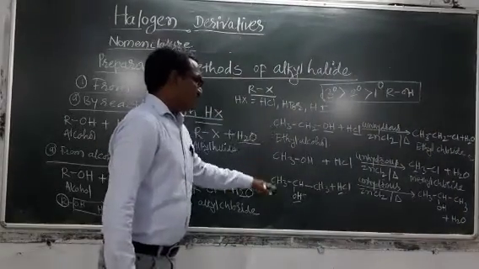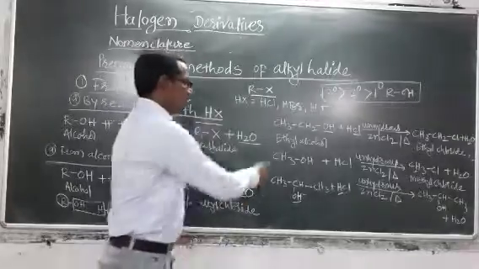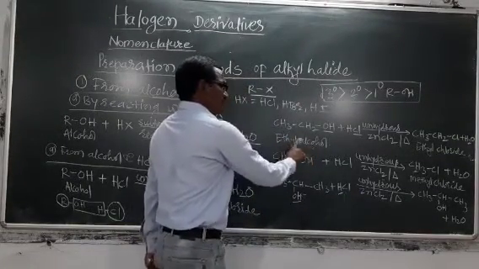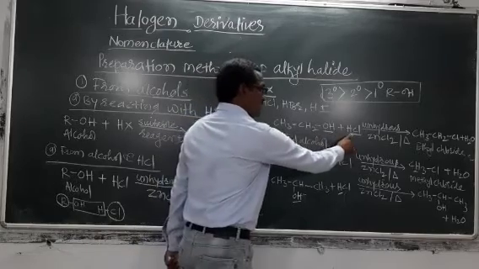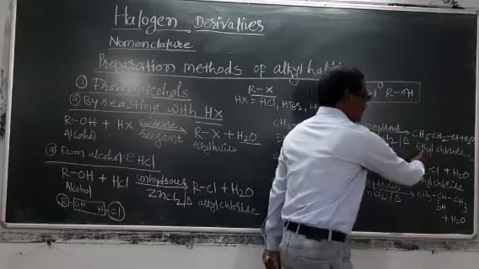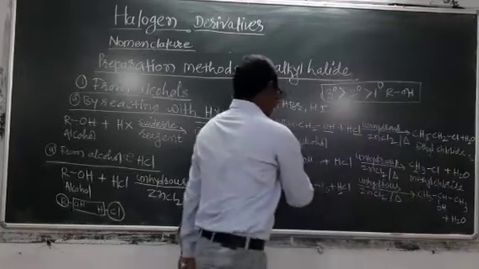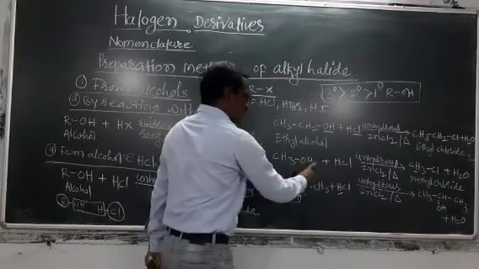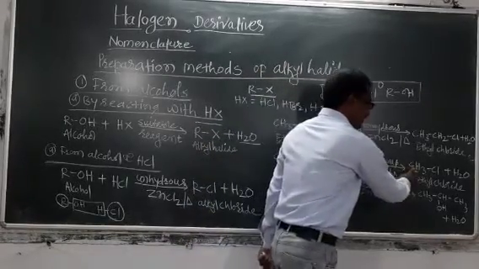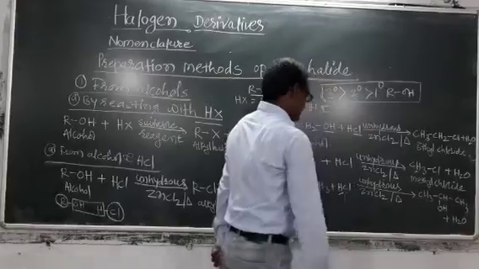Look at these three examples. In this reaction, ethyl alcohol is reacted with HCl in the presence of anhydrous ZnCl2. It gives ethyl chloride. Here, methyl alcohol is reacted with HCl in the presence of anhydrous ZnCl2. It will give methyl chloride.